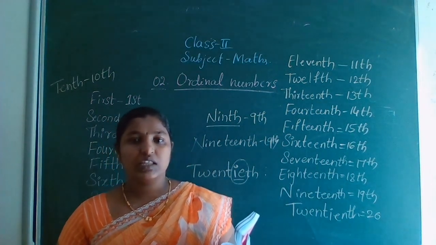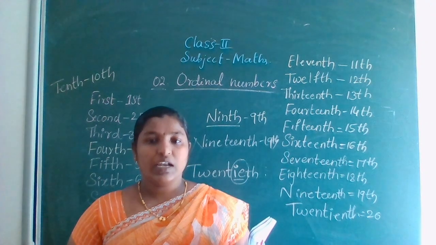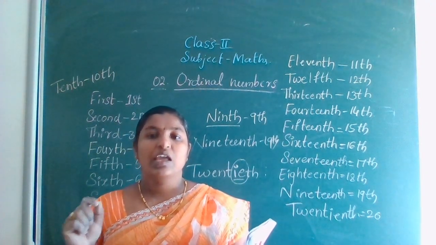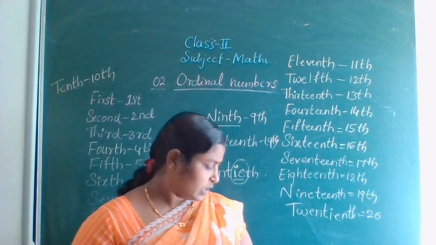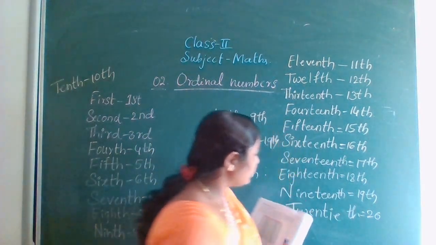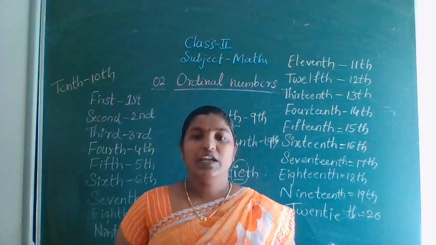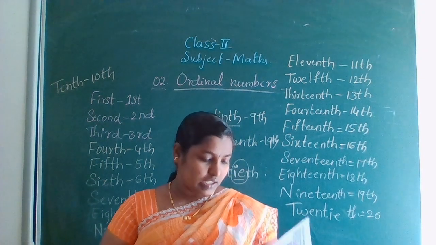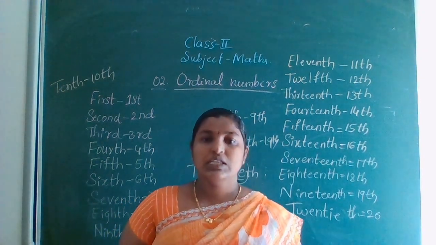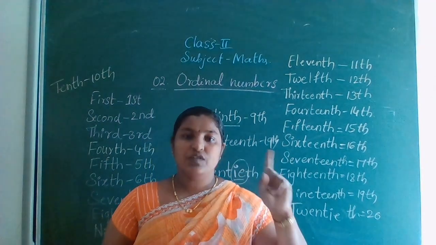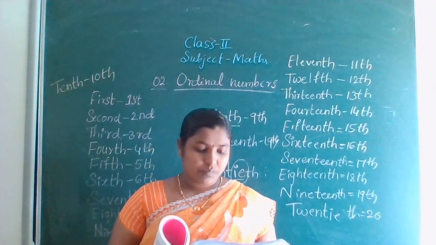N-I-N-E-T-E-E-N-T-H 19th. T-W-E-N-T-I-E-T-H, not N here, 20th. Okay, this is all about ordinal numbers. You should learn by heart the spelling from 1st to 20th.